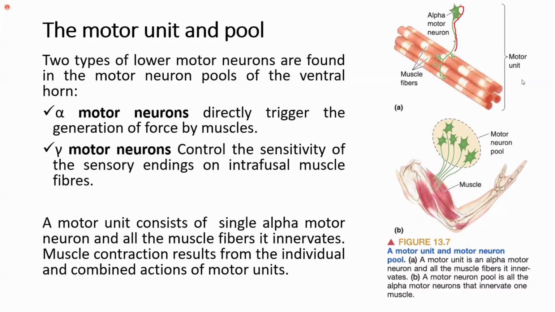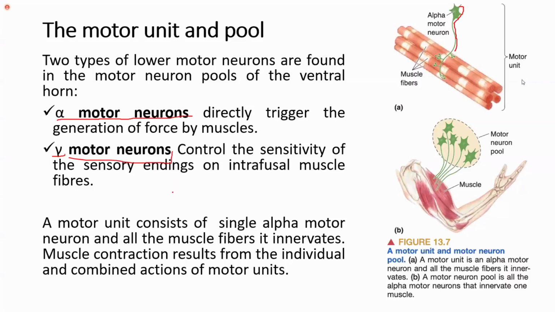We have two types of motor neurons that are innervating the muscles. The first type is the alpha motor neurons. These are the ones that are directly triggering the contraction of the skeletal muscle. The other type is the gamma motor neurons.